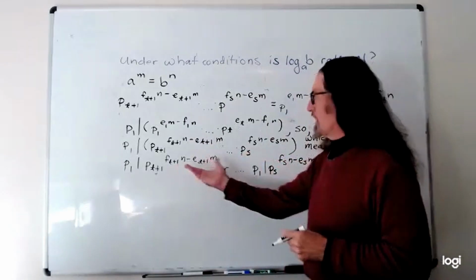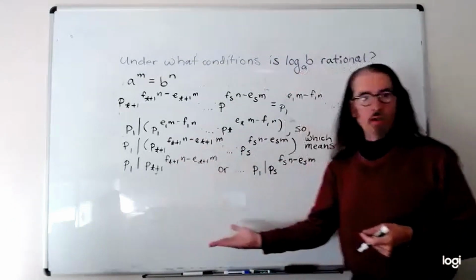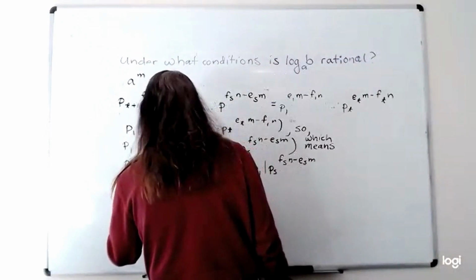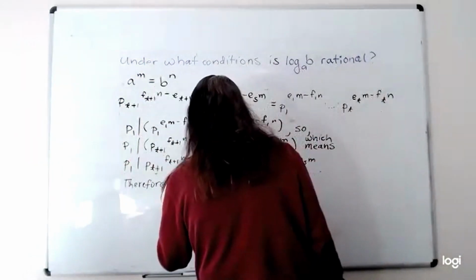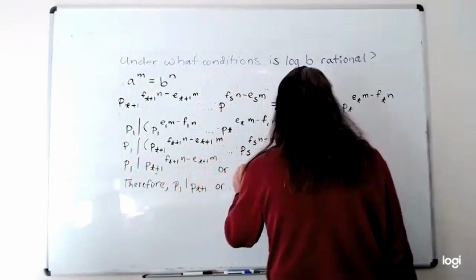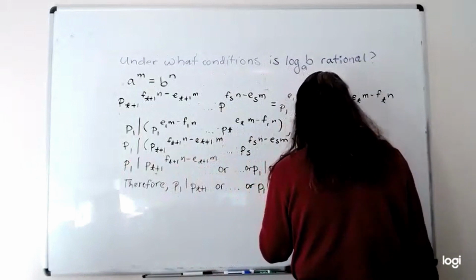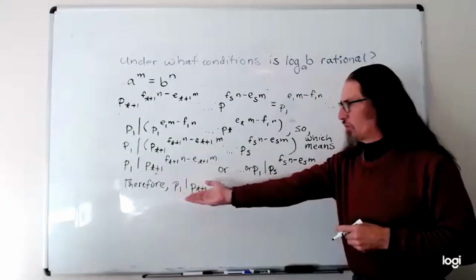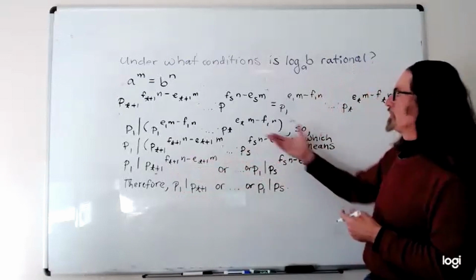And since we're talking about positive integers here and here, then applying Euclid's extended lemma again, you have the prime p sub 1 dividing one of these primes along the way that we had on that side over there.